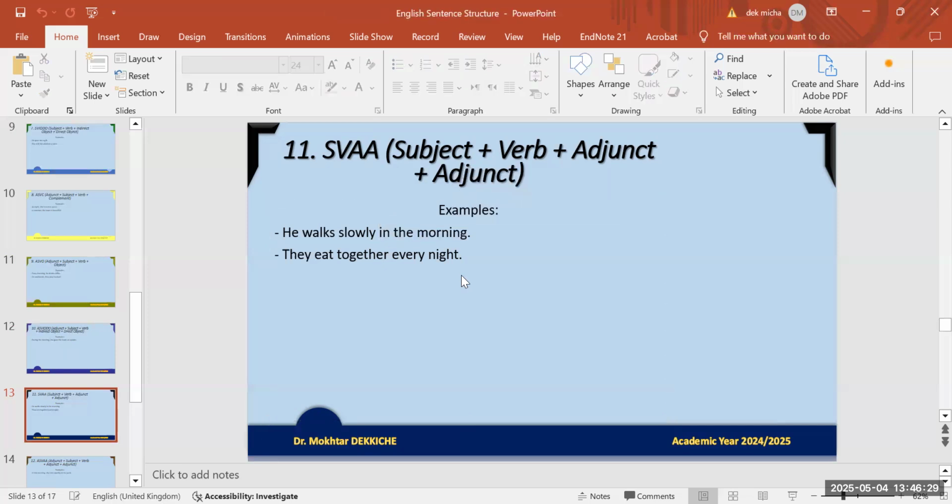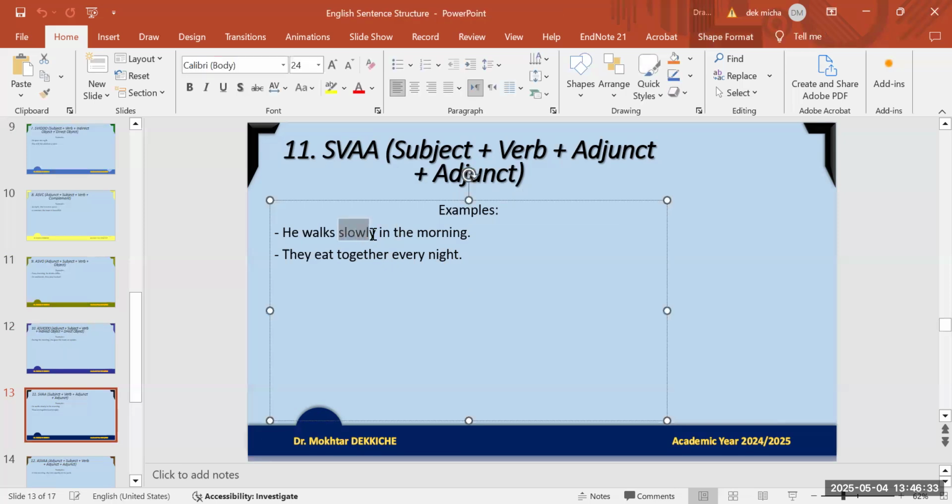Here we are focusing on two features: slowly, how he walks, and when, just in the morning.